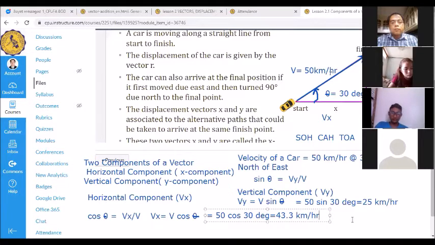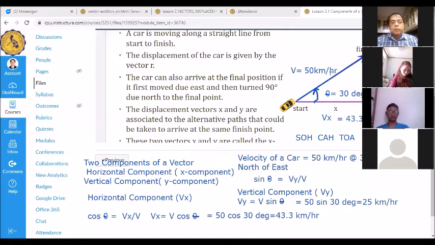Again, that is in terms of the components of our forces. Okay, do you understand? So this one is the value of Vx, and this one is the value of Vy. So again, if we write our Vx, this is equal to 43.3 KPH, and then our Vy at the top is 25.